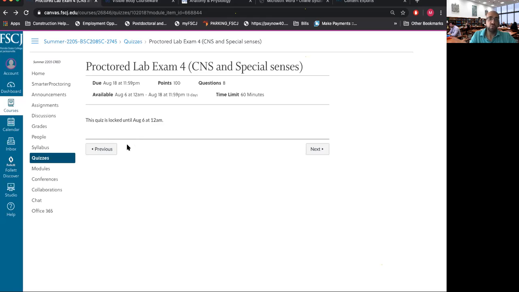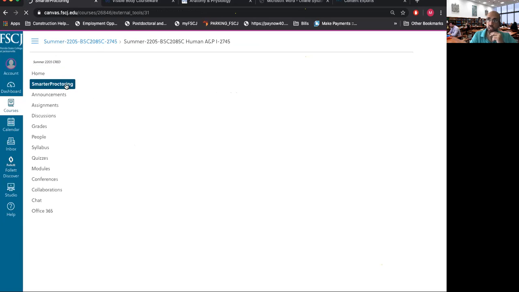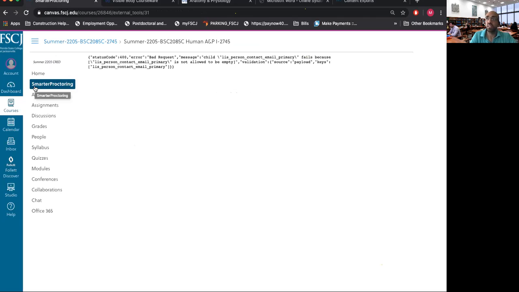And this will be available for 1 week. So this is a good thing to get completed, for you to check how the smarter proctoring is going to be working. Smarter proctoring is a tab that you're going to need to access in order to complete the lab exams.